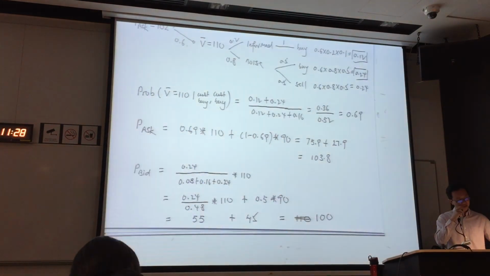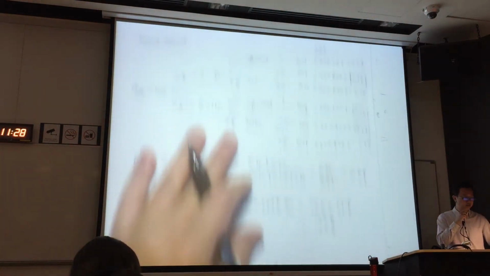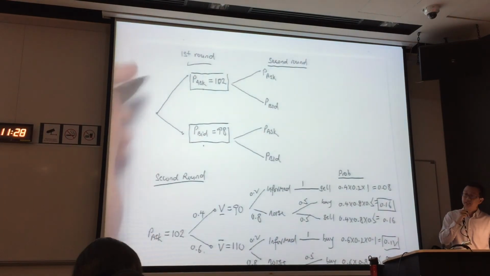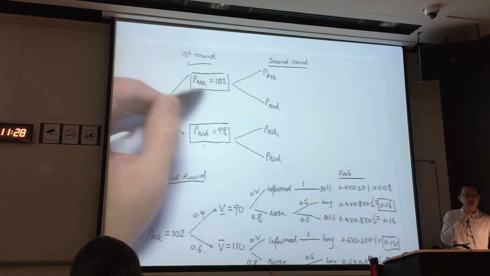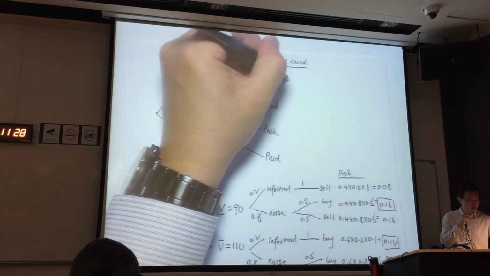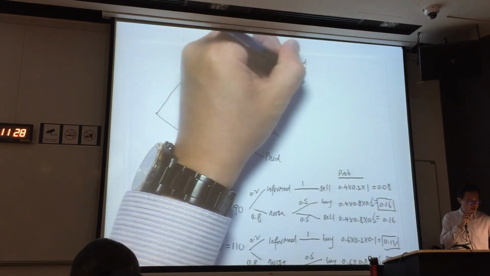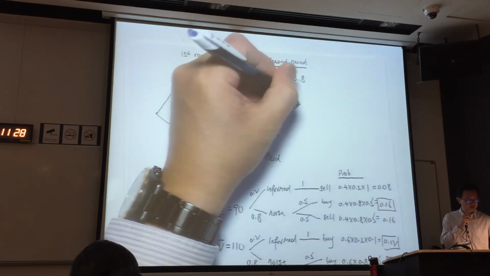Alright, so I've shown you this calculation. When the first round is 102, and it's executed at this price, this will become 103.8, and this will become 100.